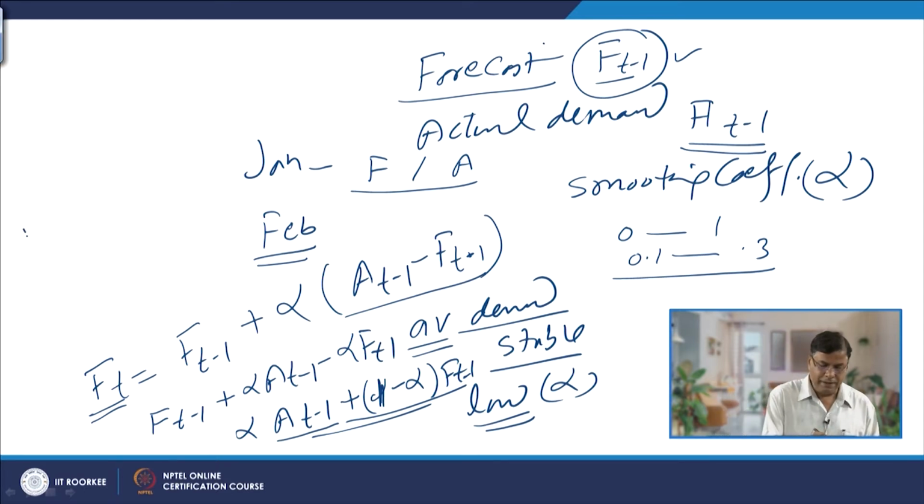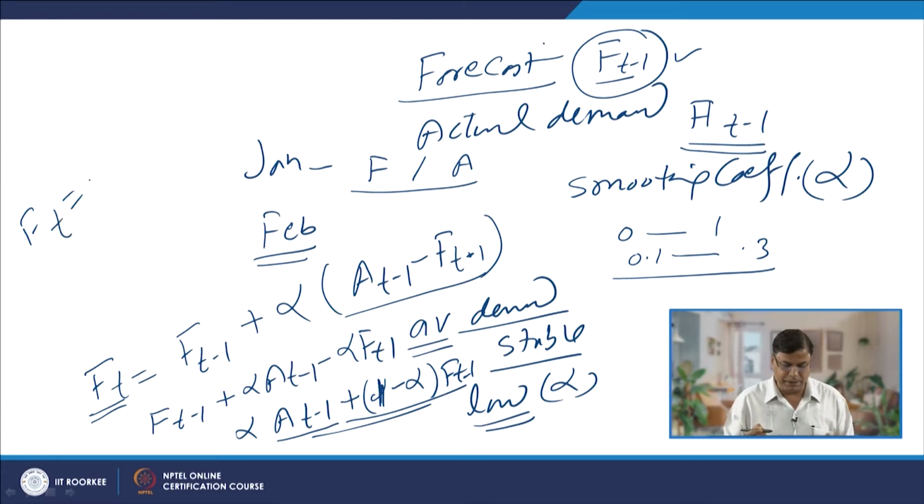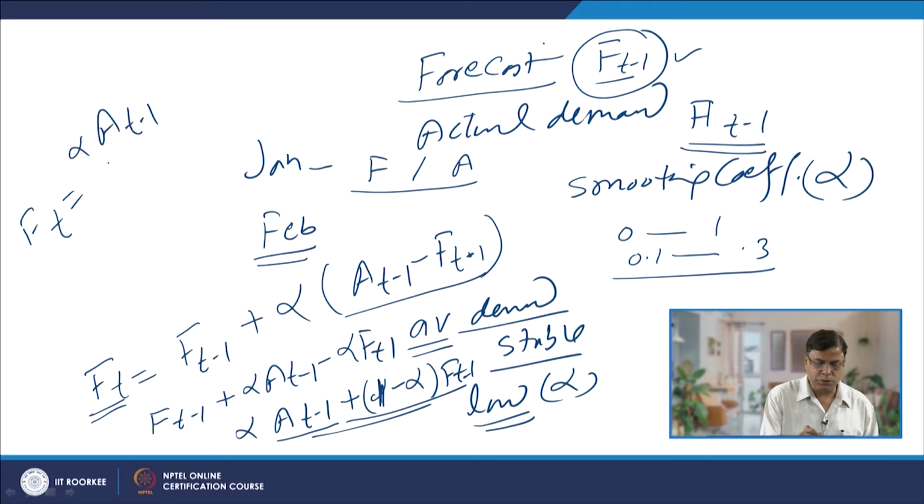So, the newer way of writing it is F t, the forecast for the next period, equals alpha into A t minus 1, the most recent actual demand, plus 1 minus alpha into F t minus 1.